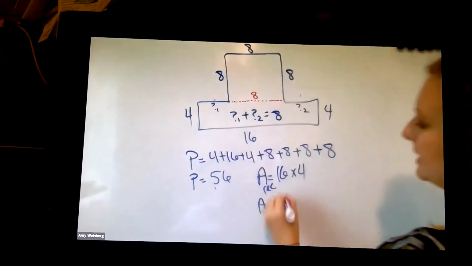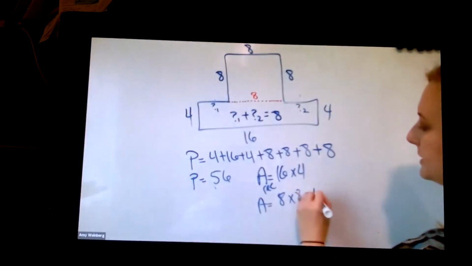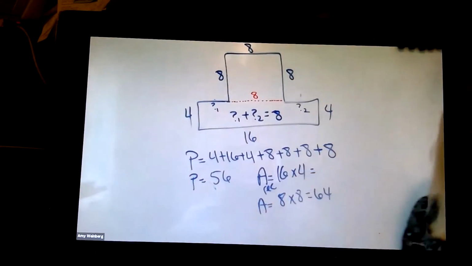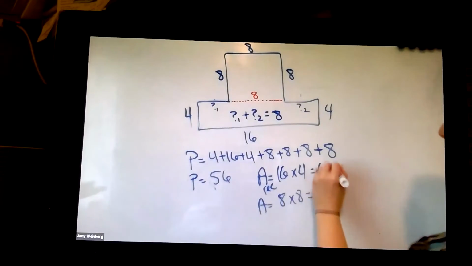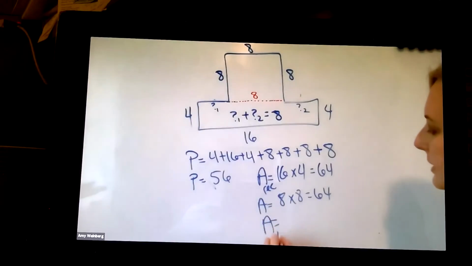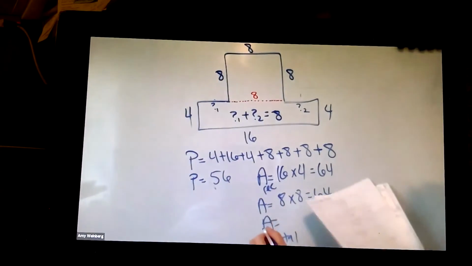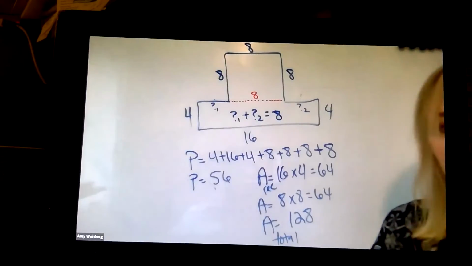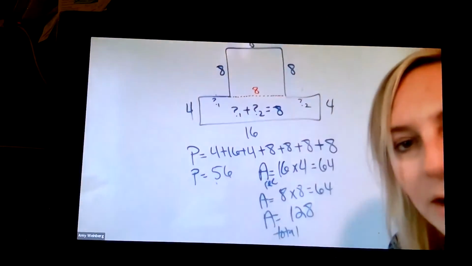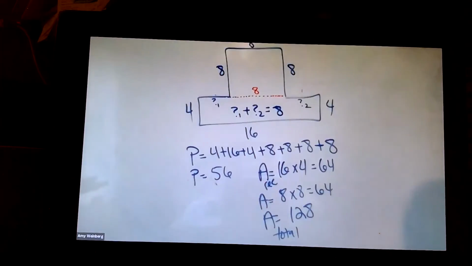That would be 8 times 8. That's 64. I feel like this is also 64 for some reason. It is. And so my total area for here ends up being 128. Okay, my total area ends up being 128.